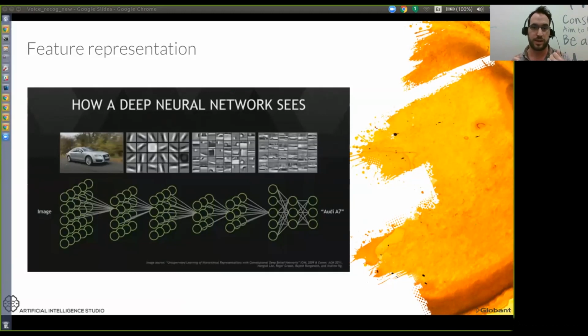So for speech recognition, the intuition is similar. I prefer not to explain it because it's going to create more confusion. But this is basically the process that deep neural networks use to describe and to classify something.